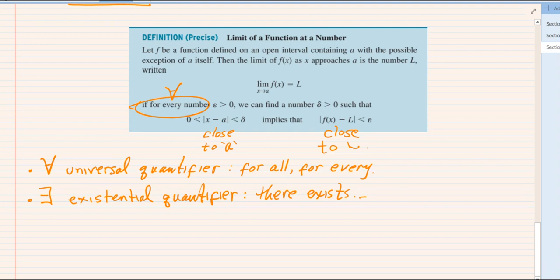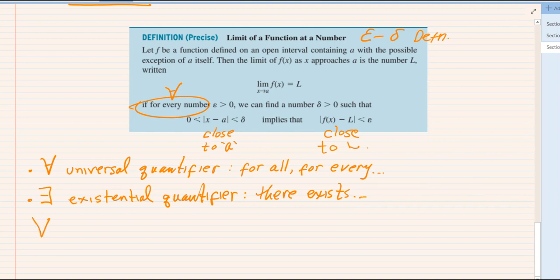So rewriting this using this notation, here's how I'm going to write the epsilon delta definition. And in fact, that's what this is. This is commonly called the epsilon delta definition of limits. Okay, so here we go.